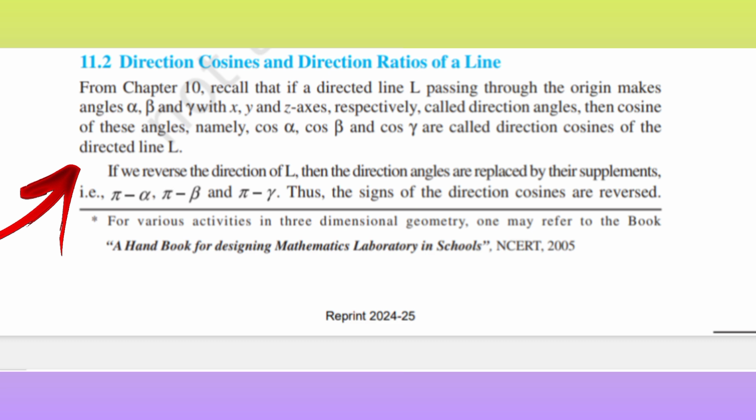The cosines of these angles, namely cos alpha, cos beta, and cos gamma, are called direction cosines of the directed line L. If we reverse the direction of L, then the direction angles are replaced by their supplements, that is pi minus alpha, pi minus beta, and pi minus gamma. Thus, the signs of the direction cosines are reversed.